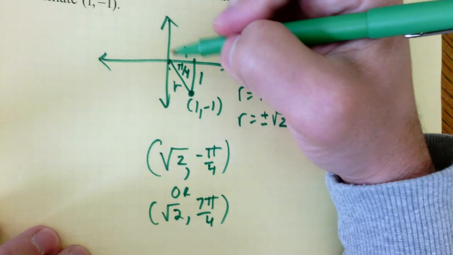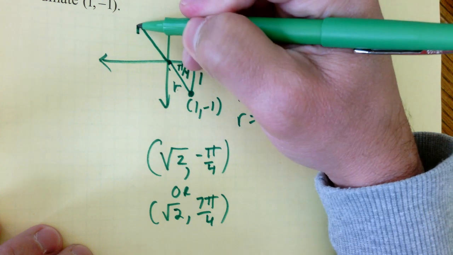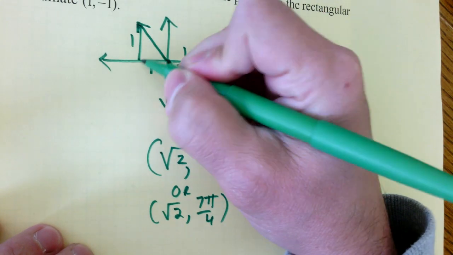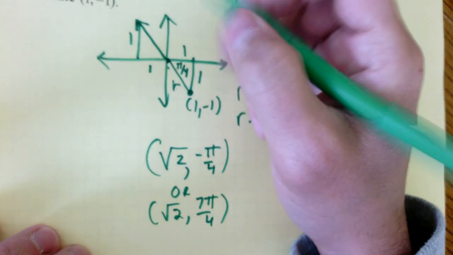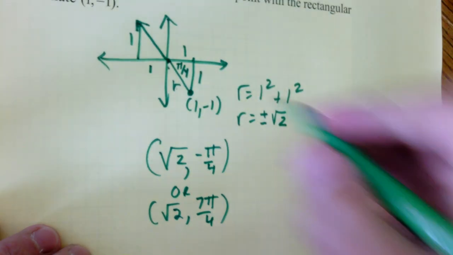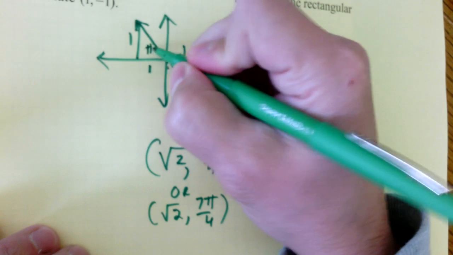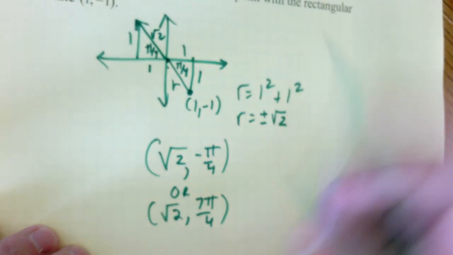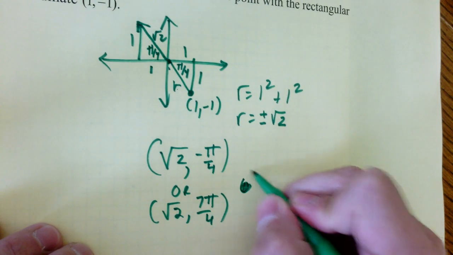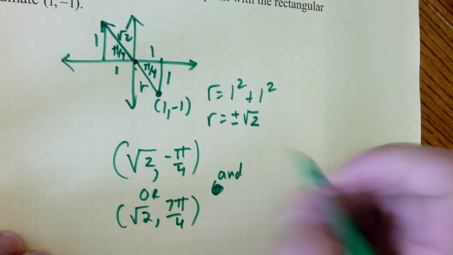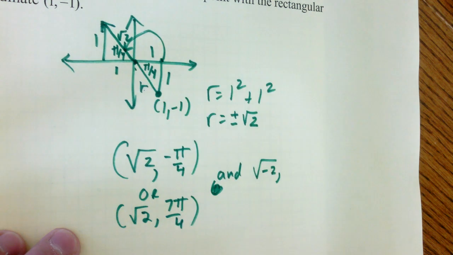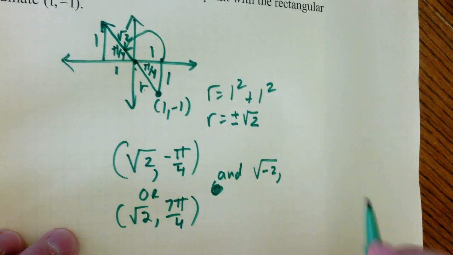Now, again, polar coordinates have two values. So we're going to extend this. And it's going to be the same thing, but it's going to be negative 1, 1. And the radius is going to be negative on this one, and the second one always. Same reference angle, pi over 4. So the other one is going to be negative square root of 2. And then that angle is pi over 4 short of pi.